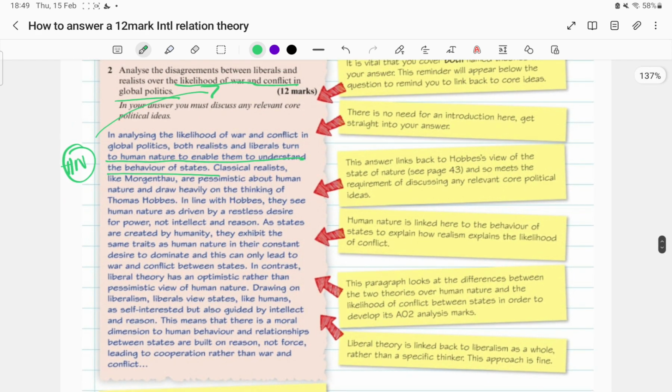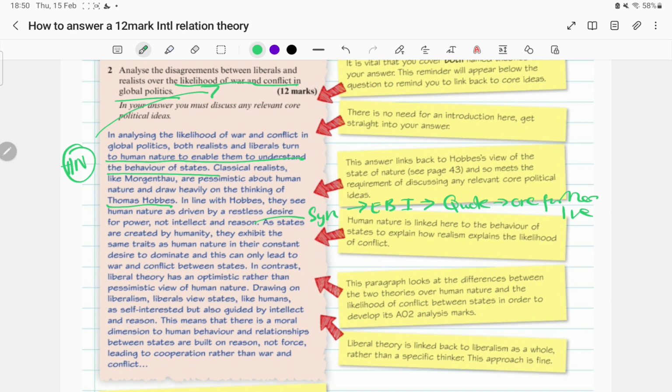Could be. Classical realists like Morgenthau are pessimistic about human nature and draw heavily on the thinking of Thomas Hobbes. In line with Hobbes, they see human nature as driven by a restless desire for power, not intellect and reason. So this is our synoptic link. I'd say it could be even better if it had a quote and perhaps one further line, but this will do.